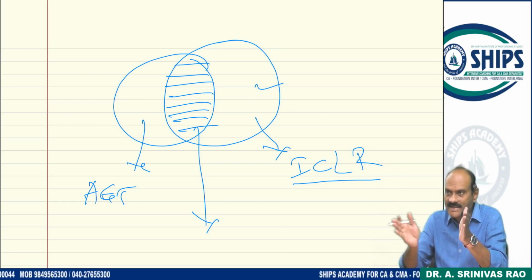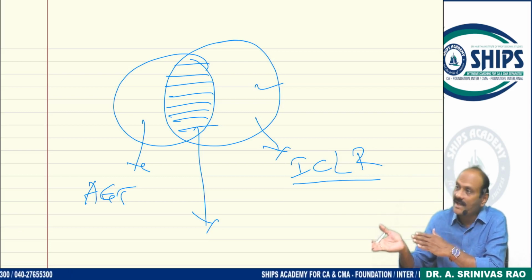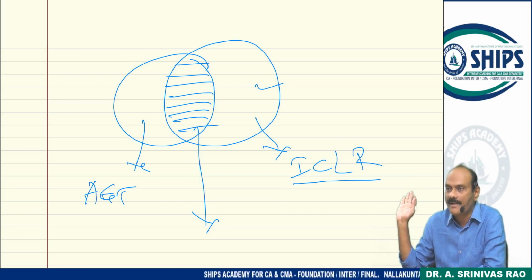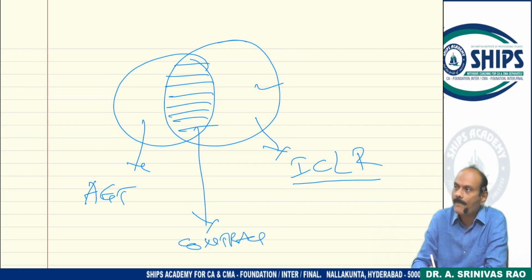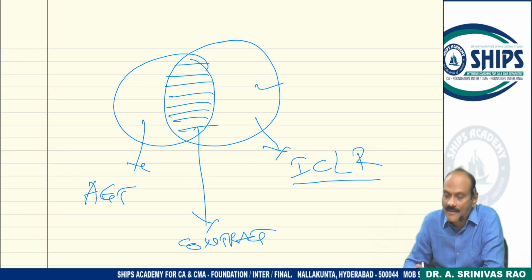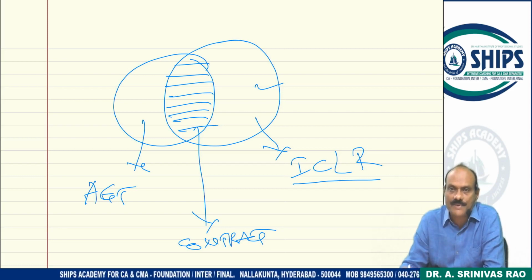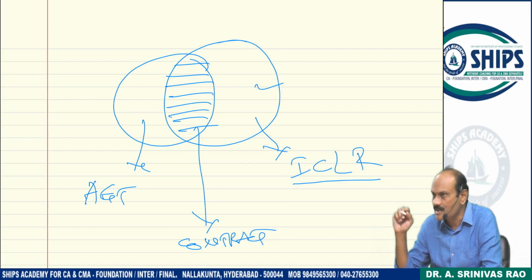That's why the intersection point between agreement and the intention to create a legal relationship is a contract. That's why an agreement which is intended to create a legal relationship is a contract. In examination, you can show this diagram also if you want.